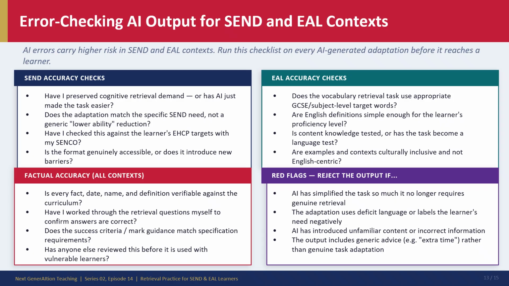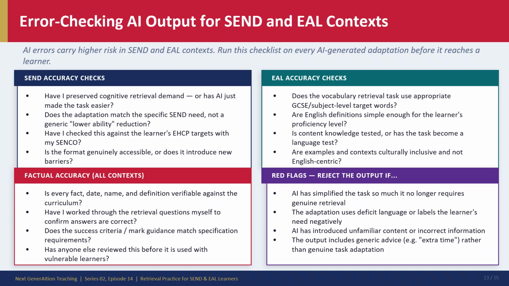These are red flags, so please reject the output if AI has simplified the task so much it no longer requires genuine retrieval. The adaptation uses deficit language or labels the learner needs negatively. AI has introduced incorrect information, or the output provides generic advice, give extra time rather than genuine task adaptation.